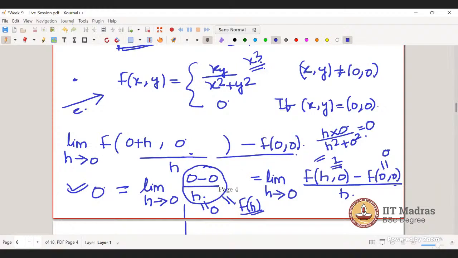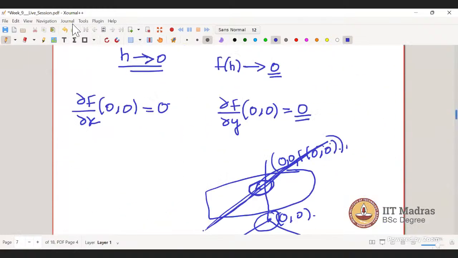Yes, sir. So then basically this is 1 minus 0 by h. Okay, so this doesn't exist, but your guess is correct. Instead of x square, if we take x cube, then you will get 0.